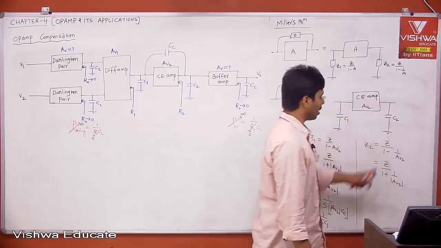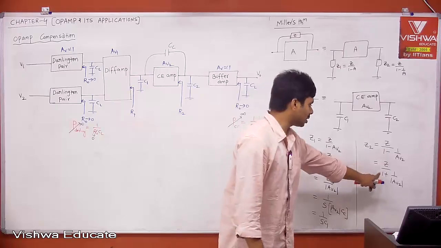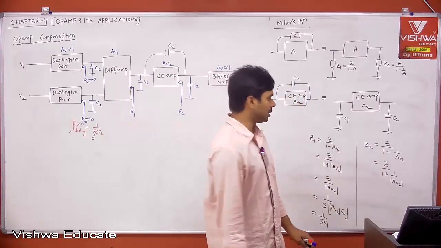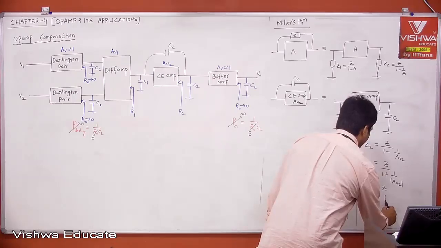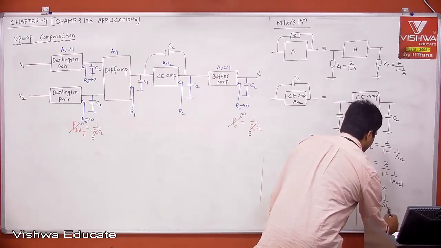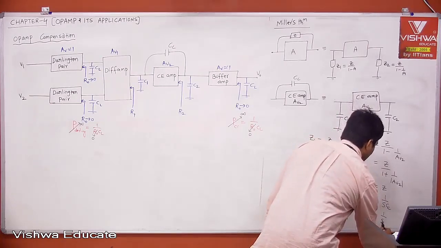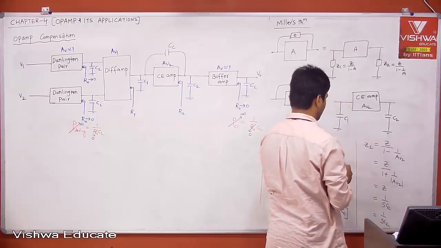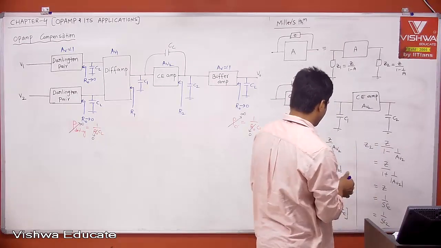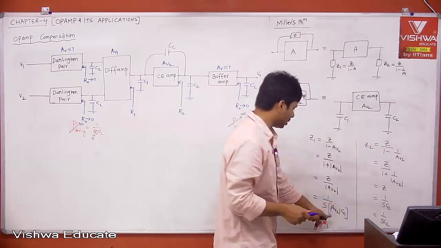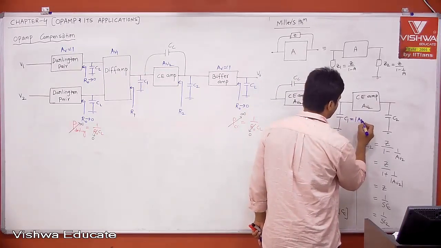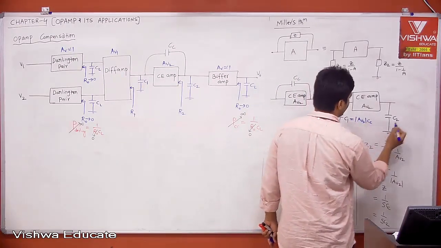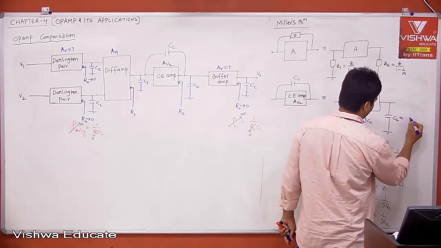AV2 is 500, so 1 by 500 can be neglected with respect to 1, and this is approximately equal to Z. What is Z? 1 by SCC. Therefore, this is 1 by SC2, and C2 is CC. C1 is nothing but your gain mod AV2 into CC, and C2 is nothing but CC.